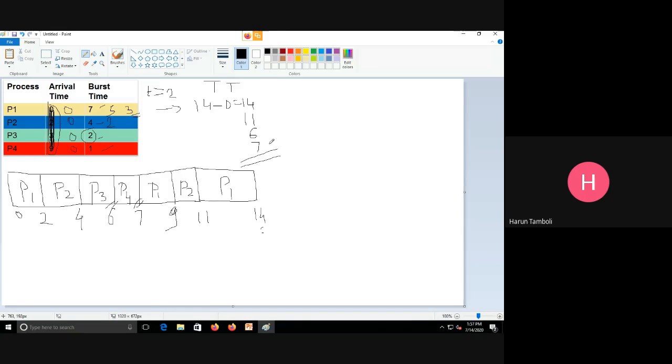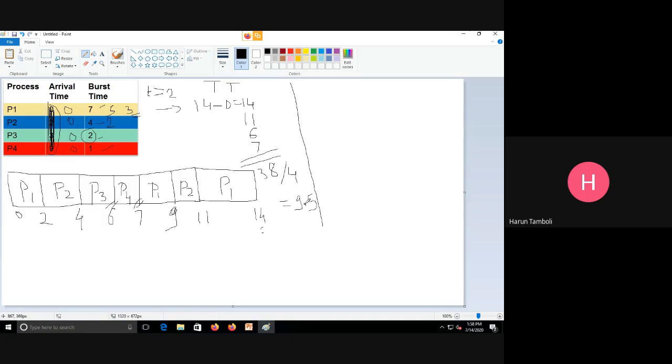Now what is the total turnaround time? Total turnaround time is 38. So you can calculate the average turnaround time, that is 38 by 4, which is 9.5.